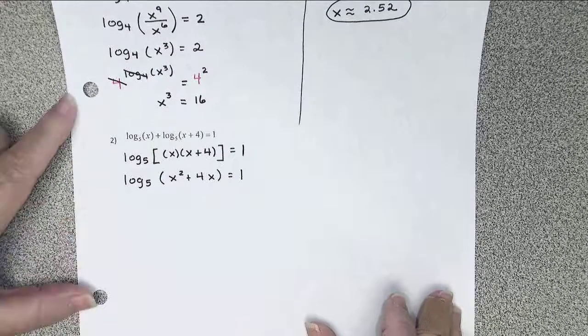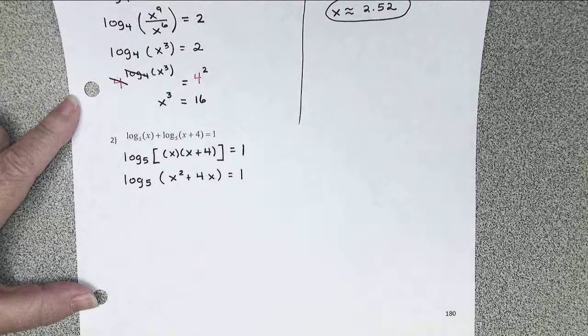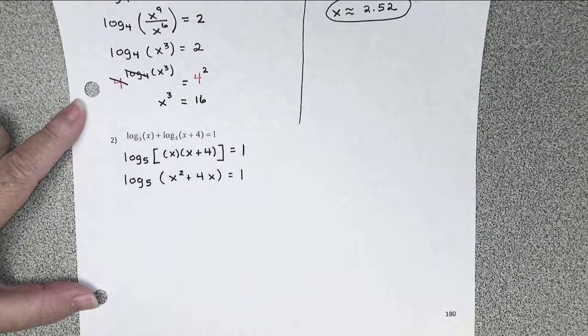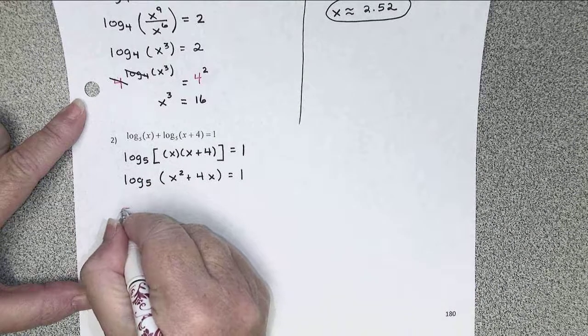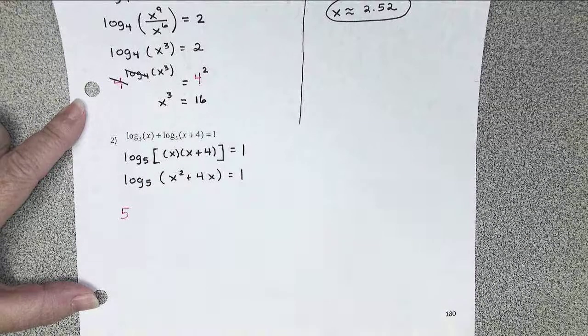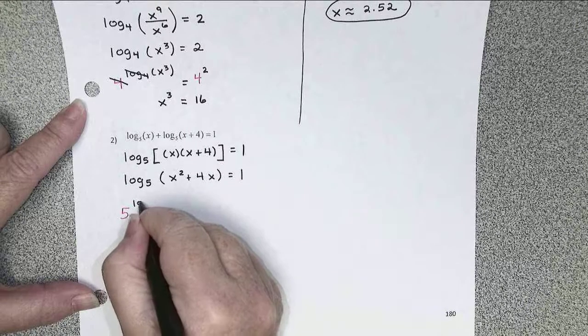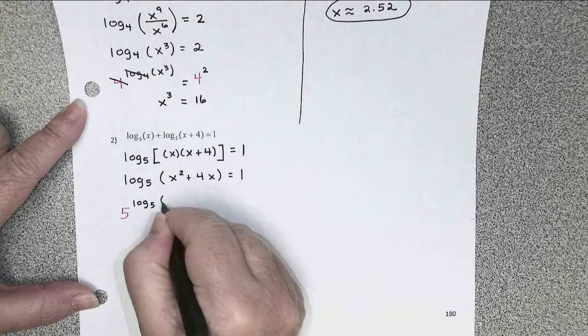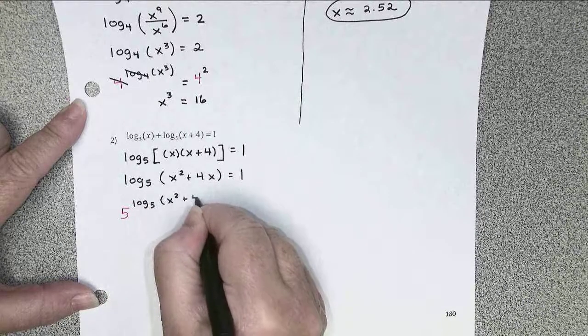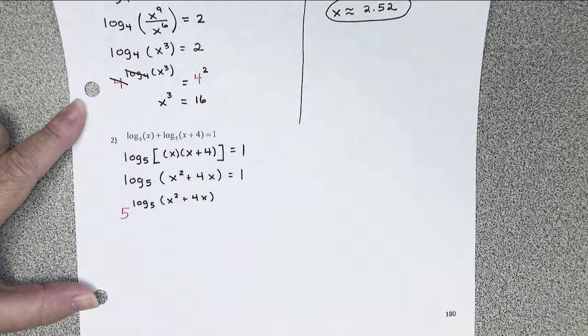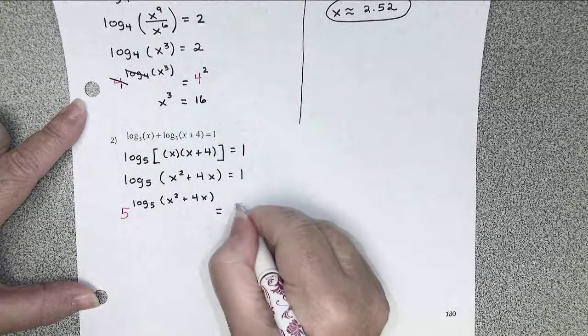And now that I've collected, so there's just one logarithm, again, go back to what we learned in the last section. I want to get rid of a log base 5. The inverse is an exponential with a base of 5. So base 5, and I put everything on the left-hand side in the exponent, and the same thing on the right.